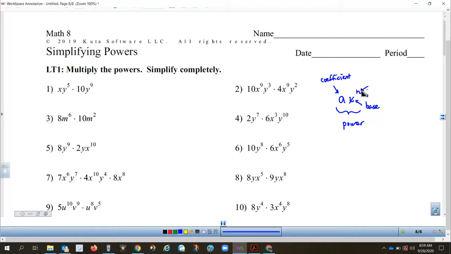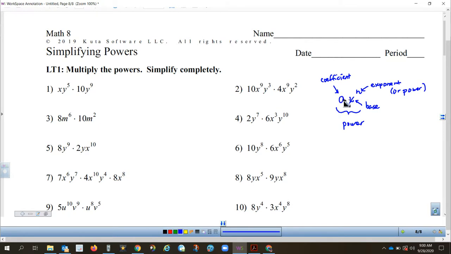And the n is called the exponent, or sometimes we refer to it as the power, which I have said several times can be confusing because the entire thing is called a power, and also just the exponent at times is called the power. So when someone talks about a power, you have to listen to the context to see, are they talking about the entire expression or just the exponent?